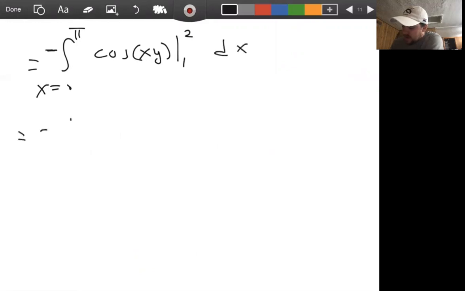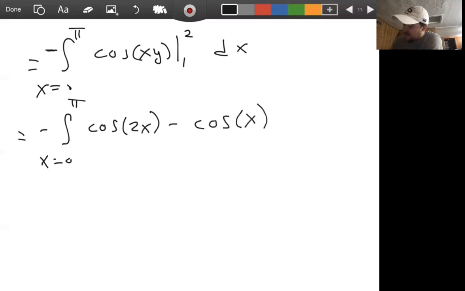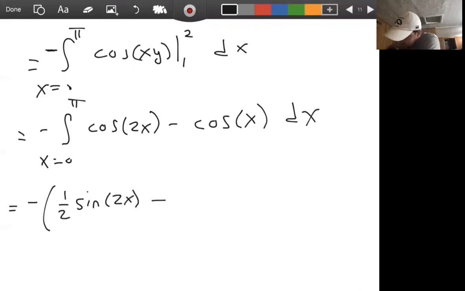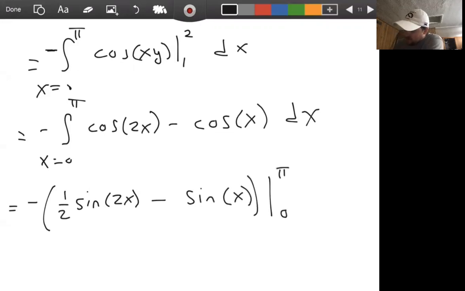And so this gives me negative integral x equals 0 to pi of cosine 2x minus cosine of x dx. And now I can just integrate with respect to x. So I have negative, and then if I integrate with respect to x, I'm going to get 1/2 sine 2x minus sine x, evaluated from 0 to pi.